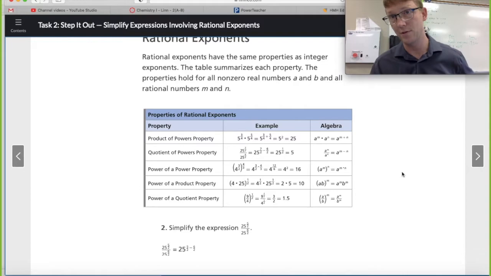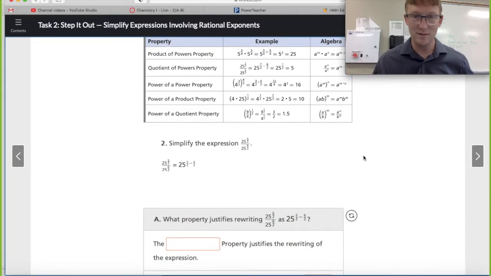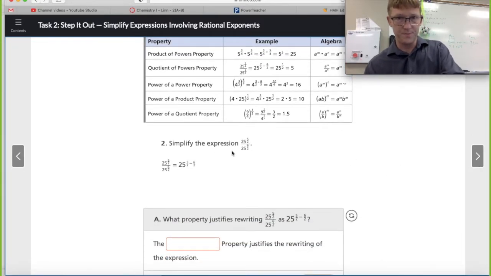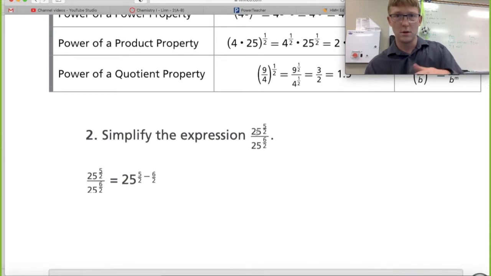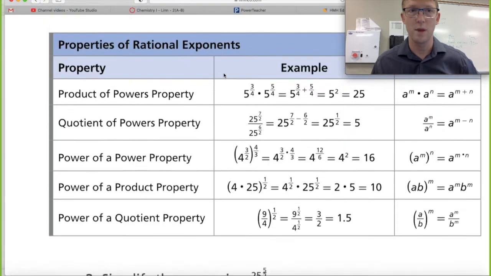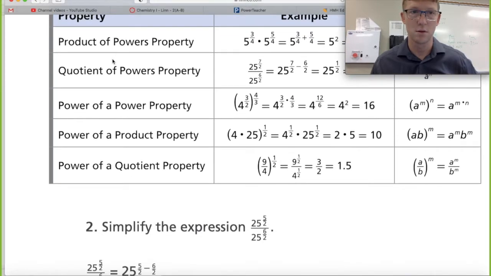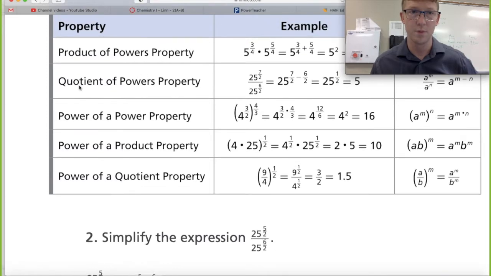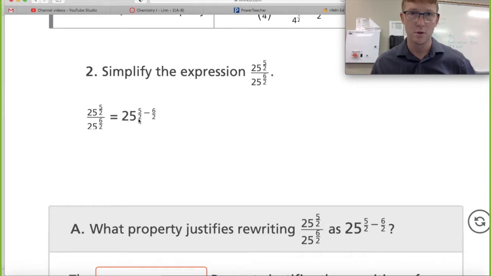and let's move forward. So it says simplify the expression of that. So it's divided by, so based on, looks like this one, quotient of powers property, you're going to subtract them. So 5 over 2 minus 6 over 2.